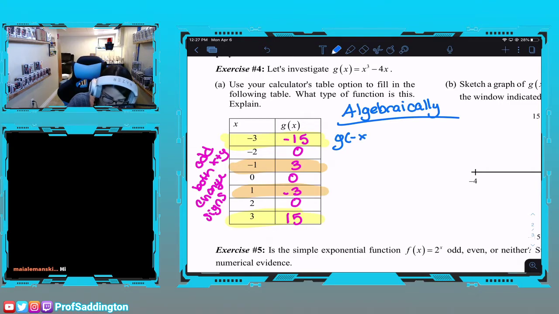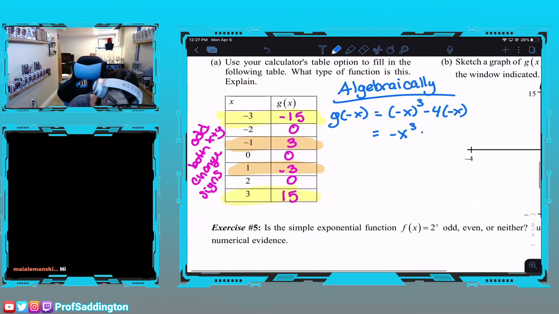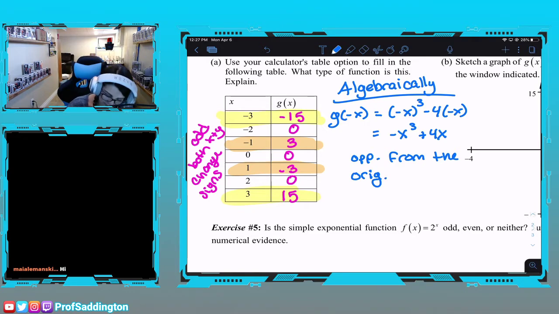If I do g of -x, we get -x³ minus 4 times a -x. And that's going to give me -x³ plus 4x. So therefore, since it's opposite from the original, it is odd.